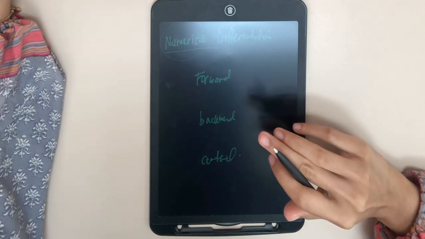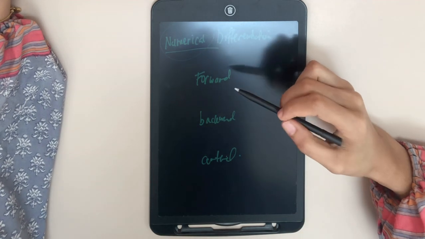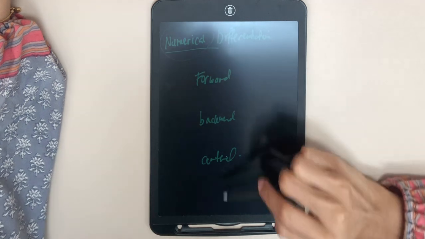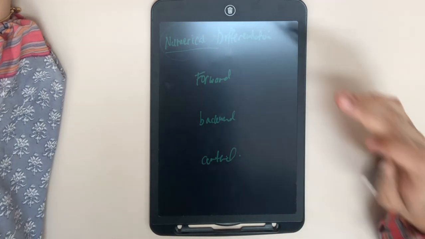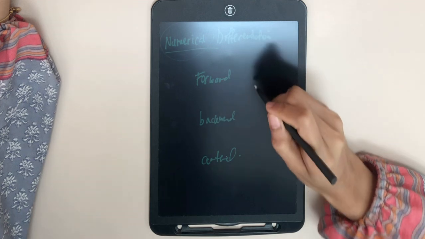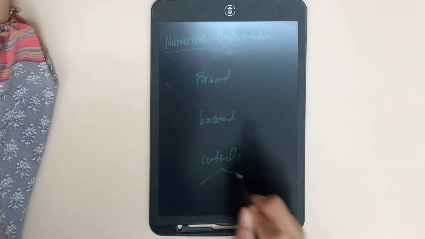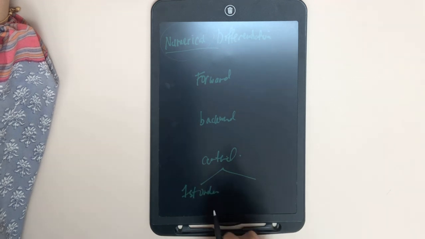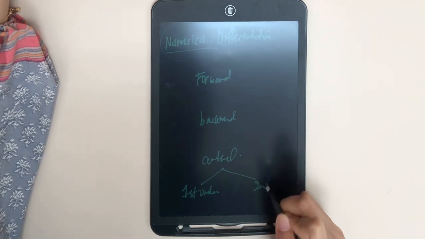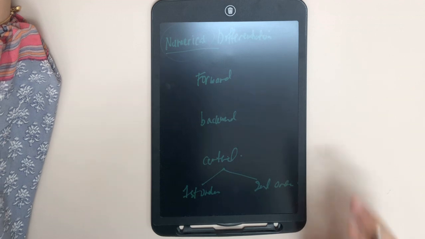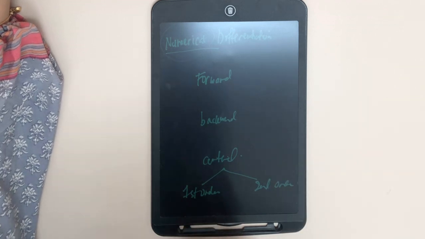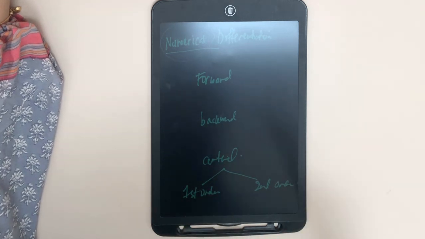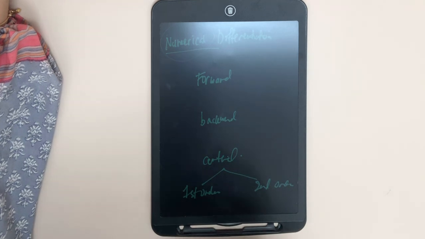The basic ones here are forward, backward, centered. These three are formulas, but they have two types. Dia ada lagi dua jenis, which is first order or first derivative, and second order or second derivative. So maksudnya kalau first order ni bermaksud you differentiate only once. Maksudnya differentiate sekali.